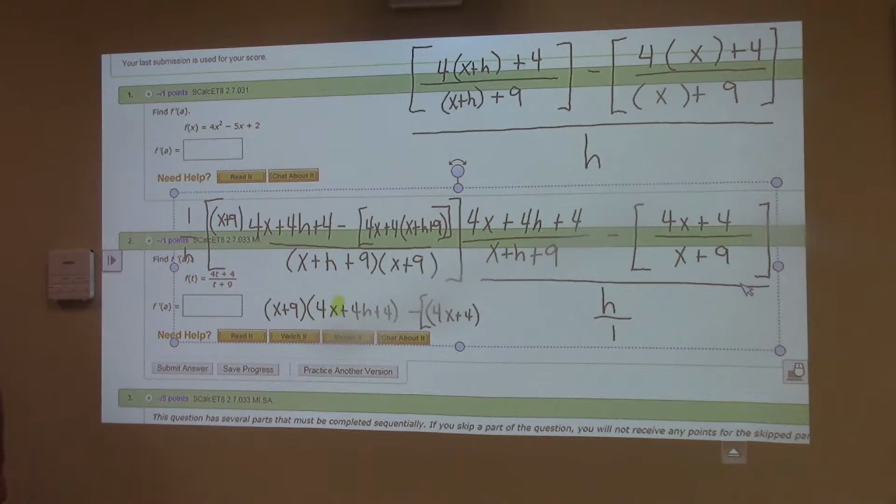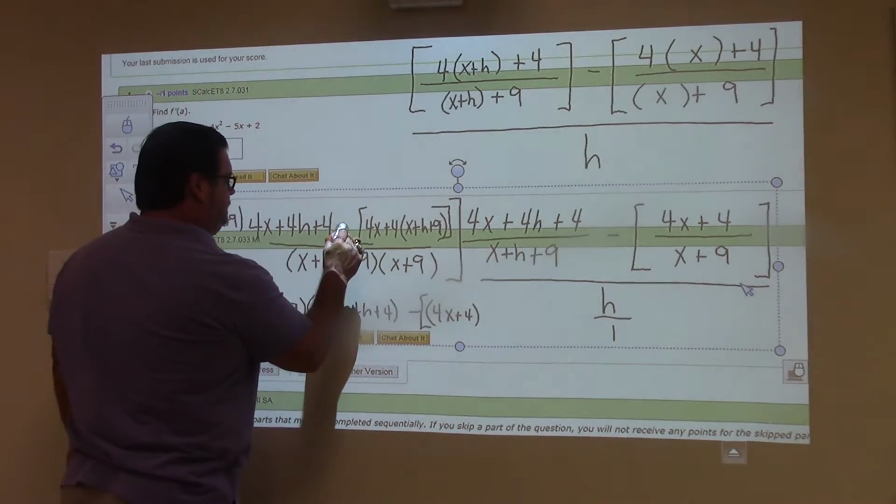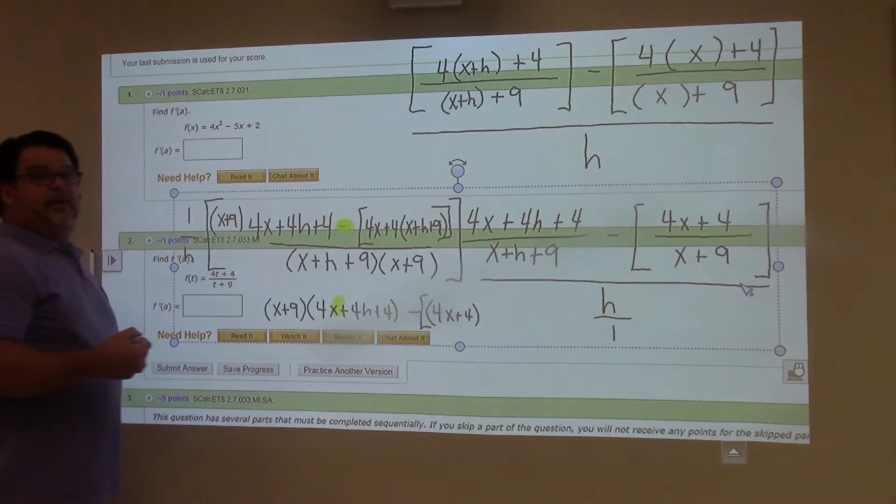Keep it separate. Why am I keeping it separate? Because of the minus sign, because people forget that minus sign does what? Flips all the other signs.